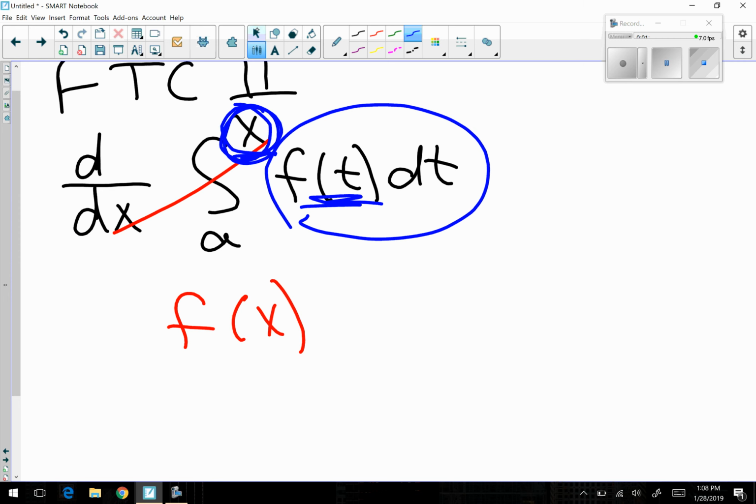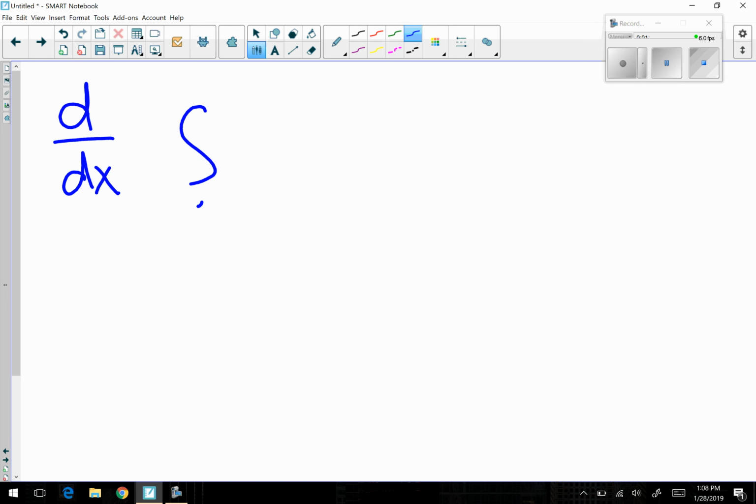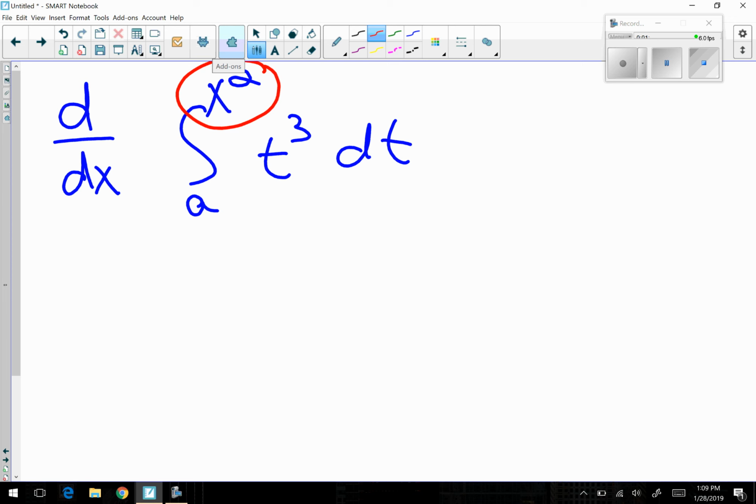We've also applied this to chain rule. So for example, let's say I'm looking for the derivative of this area function from a, and I don't know, let's make this x squared, and let's say I have some function t to the third dt. So now I want to find the derivative, but this is not just x, it's x squared, so I need to use chain rule.